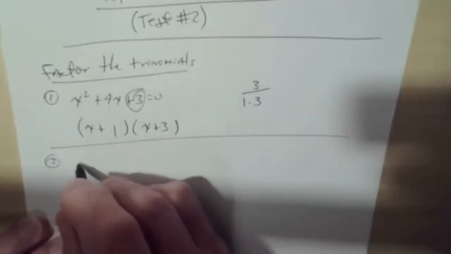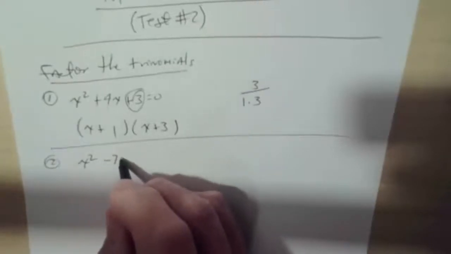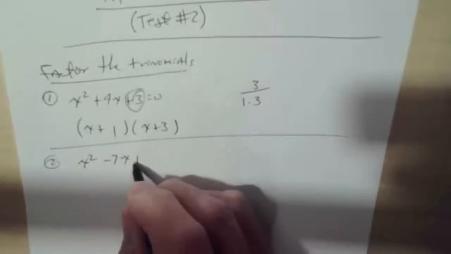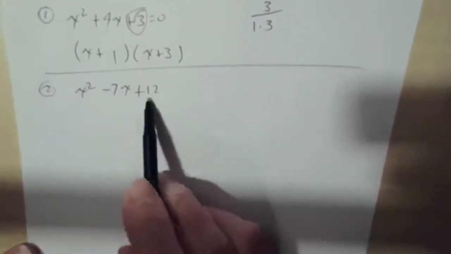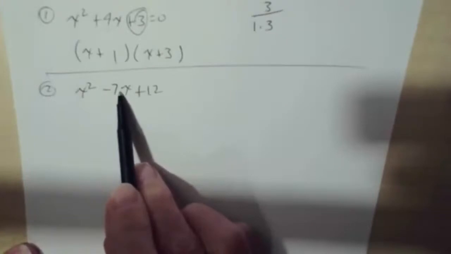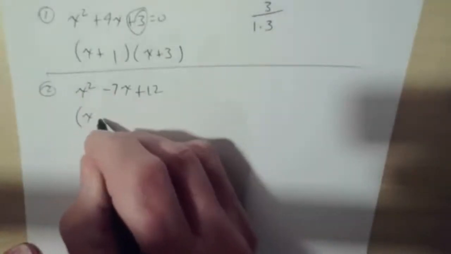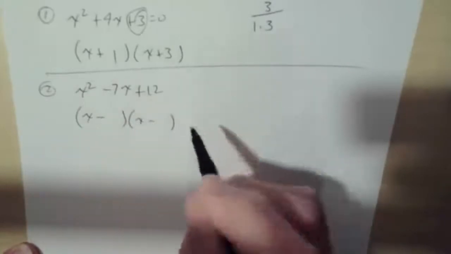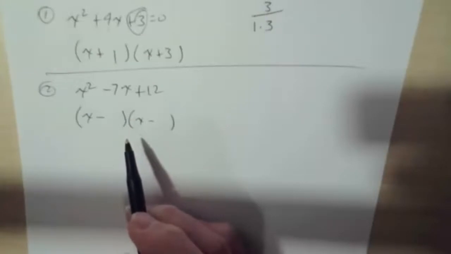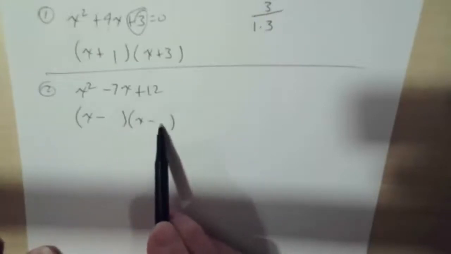Number 2, x squared minus 7x plus 12. Now the linear term, the middle term, is negative, and the constant is positive, so we know that it's got to be x minus something and x minus something, because remember, the last thing that we do when we're doing distributive property is this number times this number, and that's going to be 12.